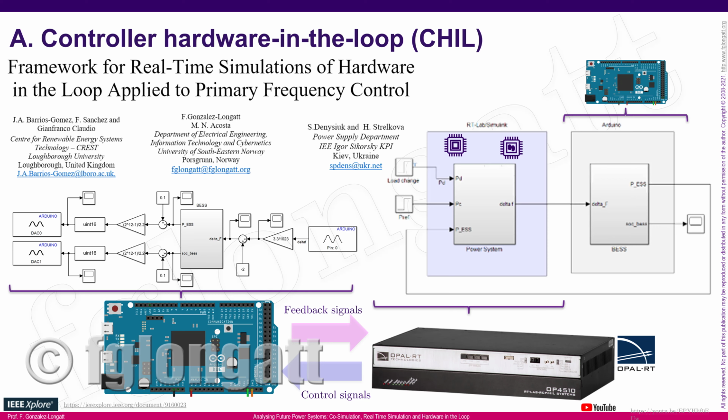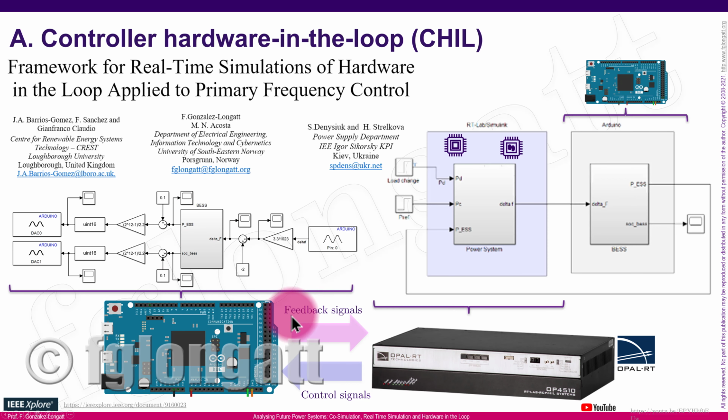And what was the idea here? Well, we use the real-time simulator. In this case, we use the Opal RT OP4510, and inside we have the electrical power system model, and then we use a single board computer, a very cheap single board computer, and we put inside the Arduino the battery energy storage and the frequency controller, the primary frequency control.